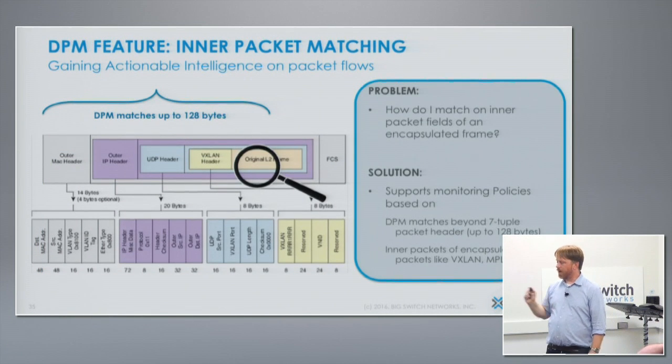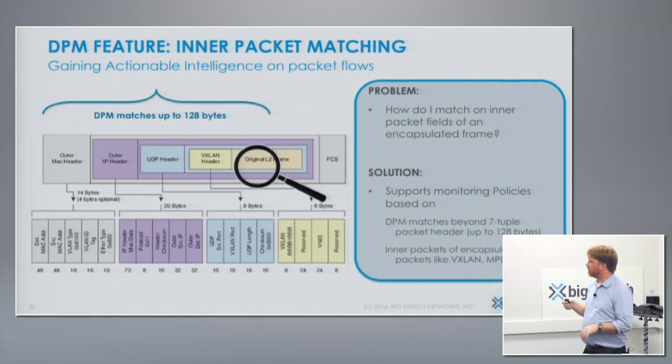People are asking, what else can you match? So I mentioned all the L2, so L1, all the L2 features, L3, lots of different features: source, destination IP, IP ToS, those types of things. In addition to that, we have this offset match feature that we call the deep packet match.